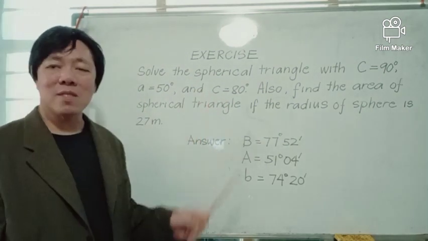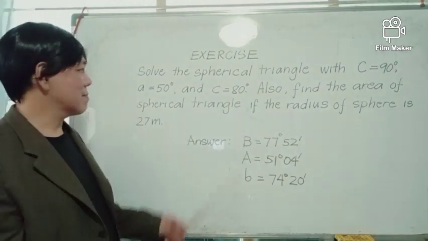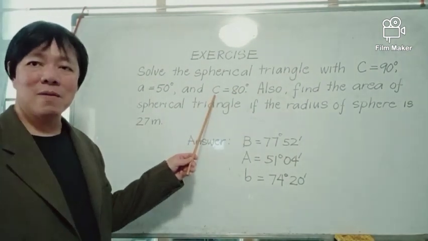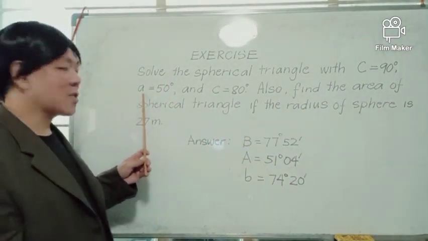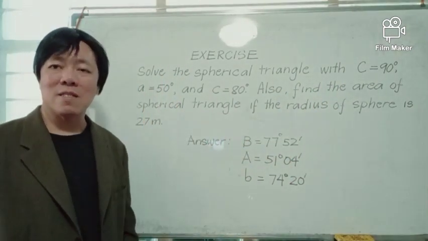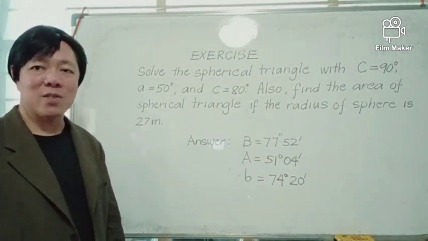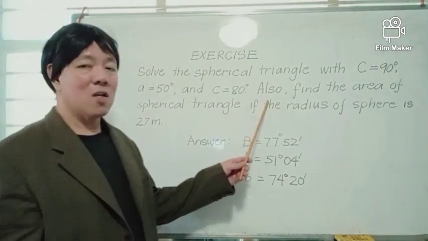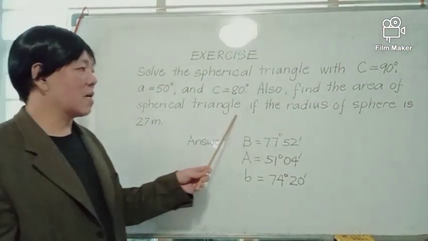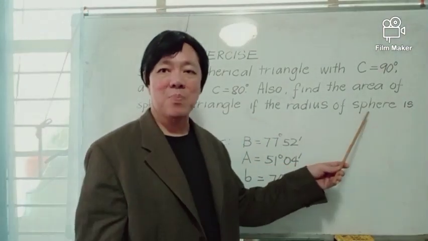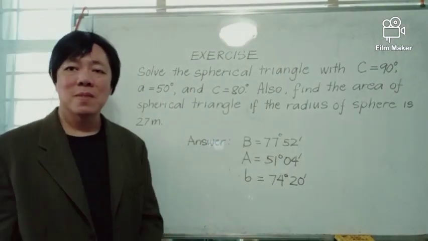Small a and small c are the two sides of the right spherical triangle. Small c is the measure of the side opposite the right angle capital C, and small a equals 50 degrees is the side opposite the angle capital A of the spherical right triangle. Also, find the area of the spherical triangle if the radius of the sphere is 27 meters.